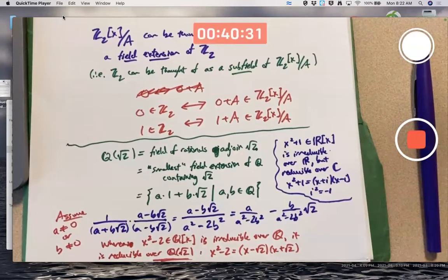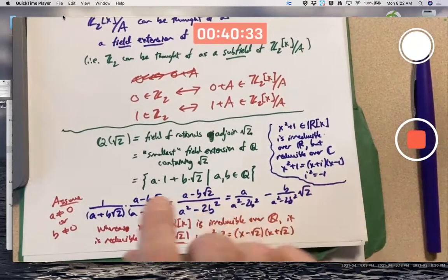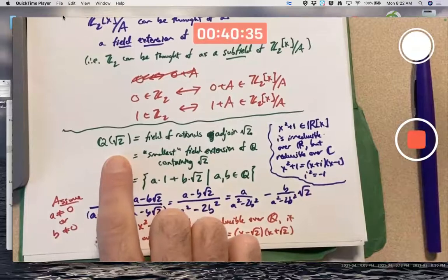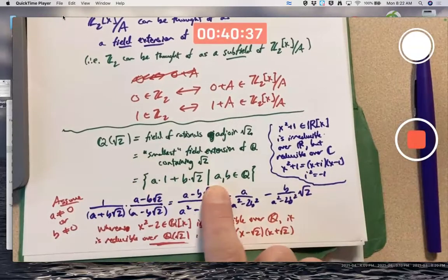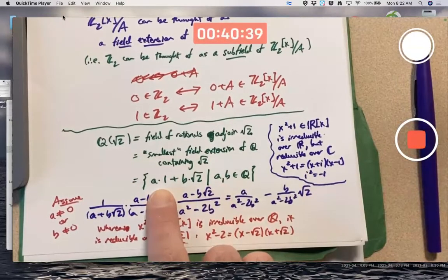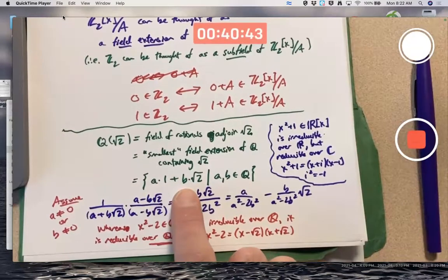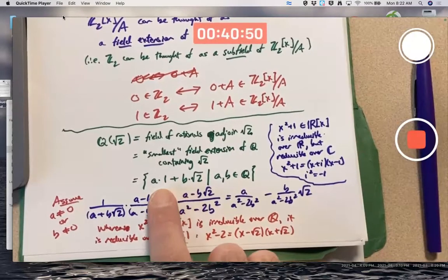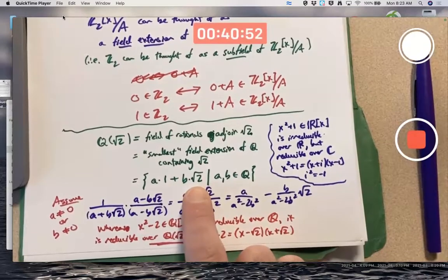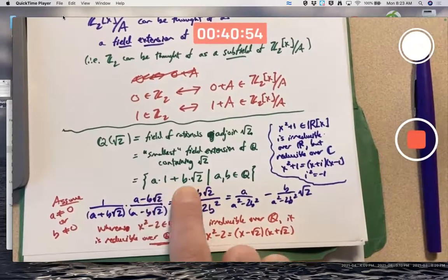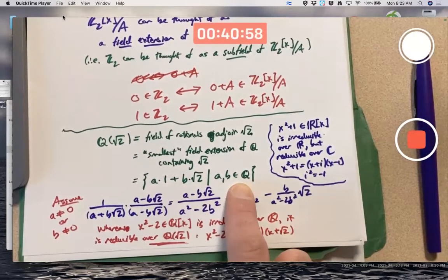When I talked about this field here, Q adjoin root 2, and I described it this way, I purposely used some linear algebra words. I described this as the set of all linear combinations, right? That's a word from linear algebra, linear combinations of 1 and root 2, where these coefficients, I also call them scalars on purpose, these scalars are rational numbers.